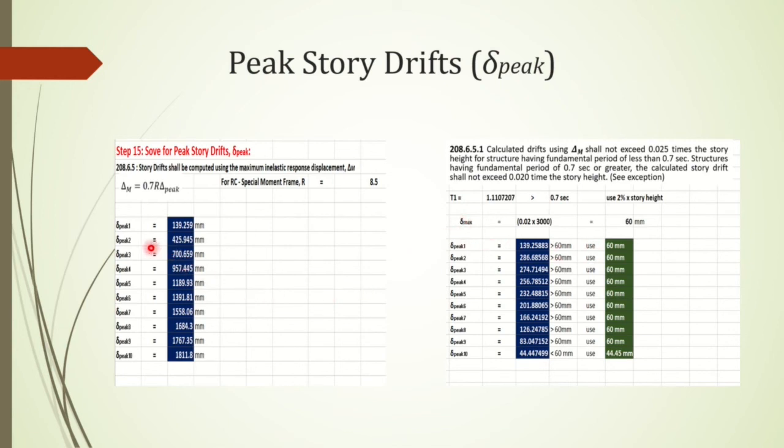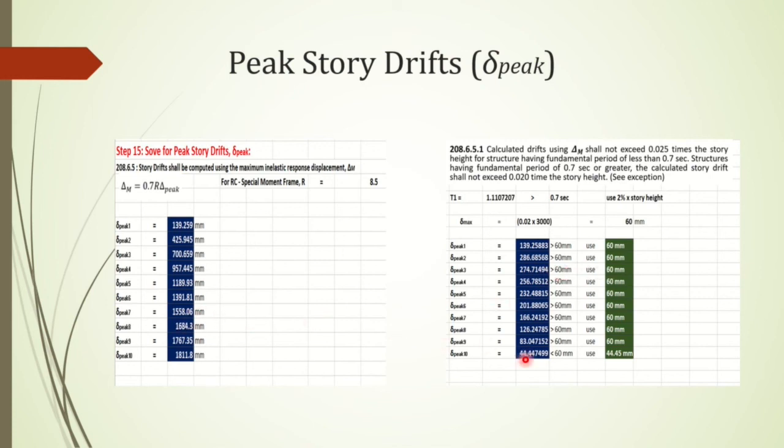Ganun din po yung nangyari sa story drift ng peak 3: 700.659 minus 425 is equal to 274.71, which is also greater than 60 mm. Now, we use 60 mm.